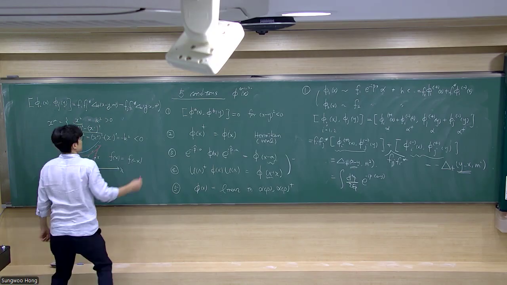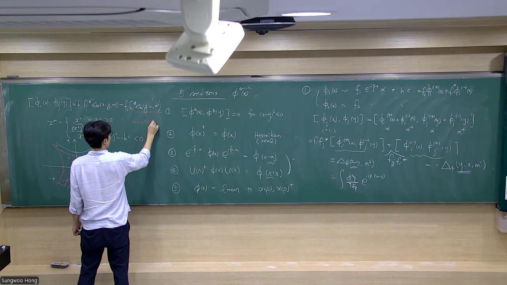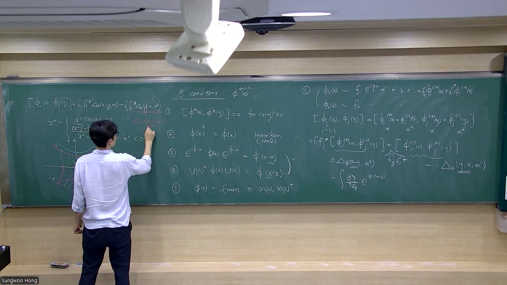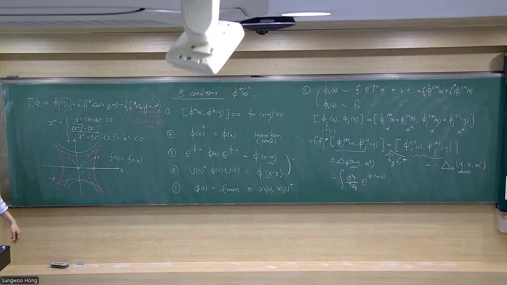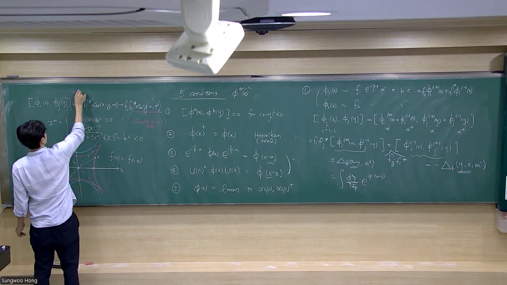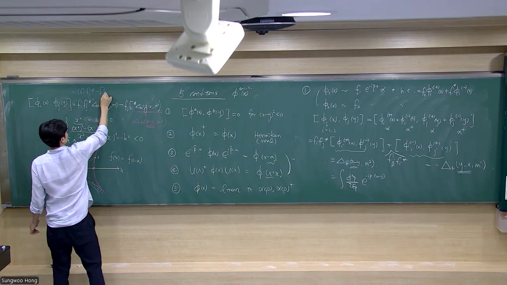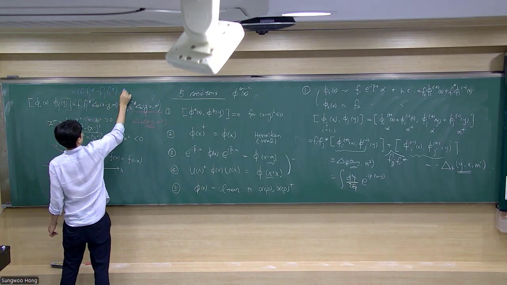So that means that this, on space-like separated points, is equal to the function of x minus y, with mass m squared. Therefore, this entire expression collapses to fi fj star minus fj fi star.